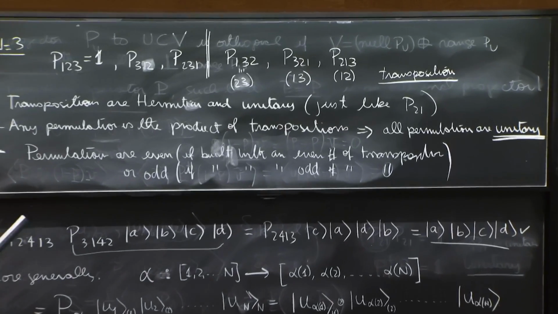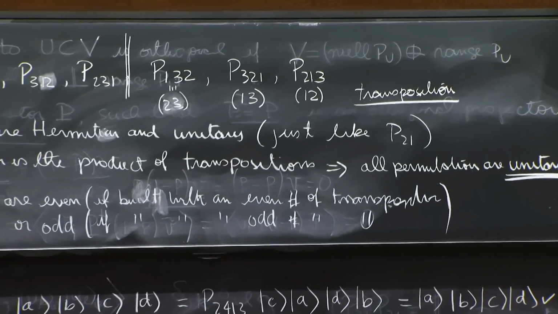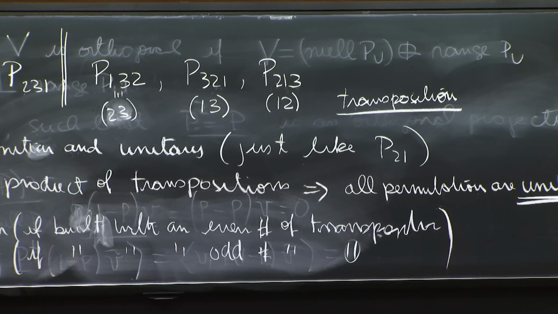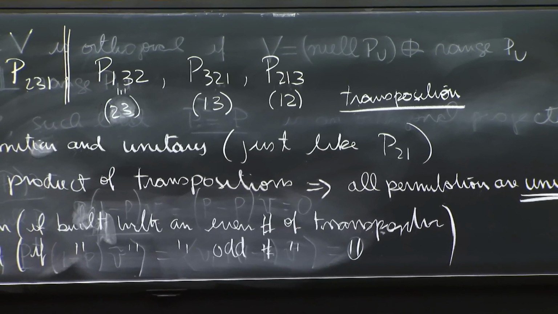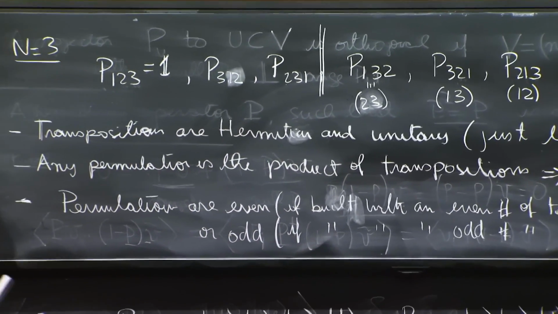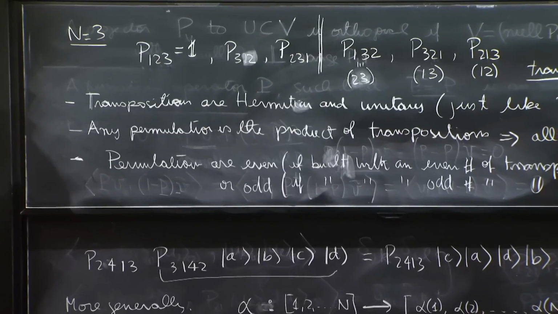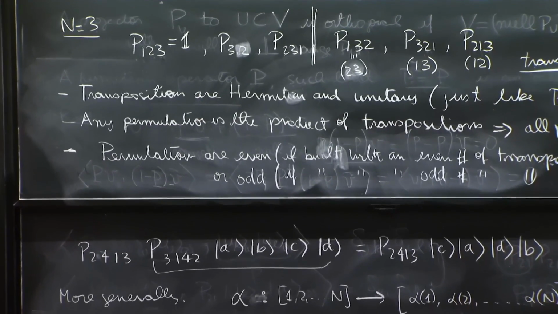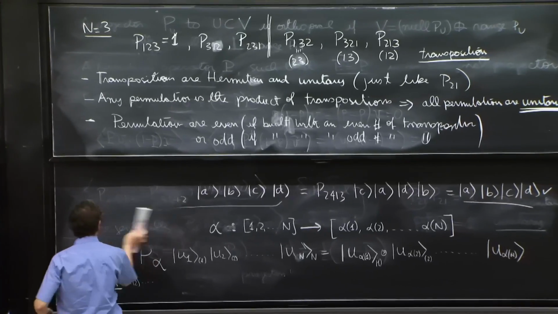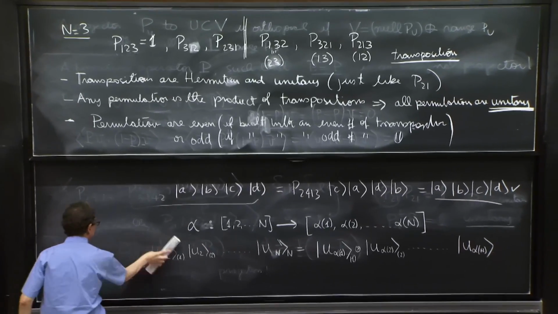So each one of those on the right is an odd permutation. It's built with 1 transposition. On the other hand, the other ones are even permutations, the first 3. The first one is built with 0 transpositions, but the others are built with 2 transpositions.